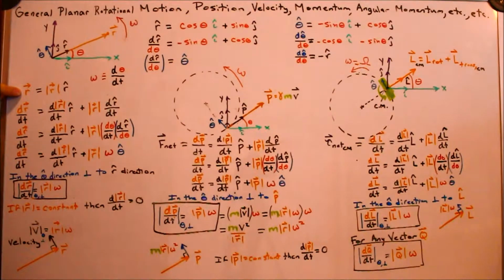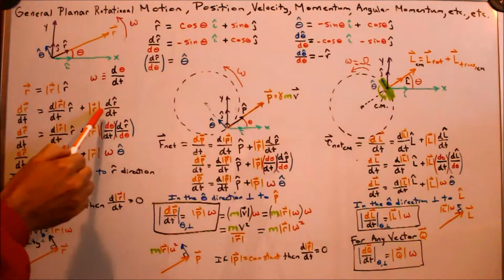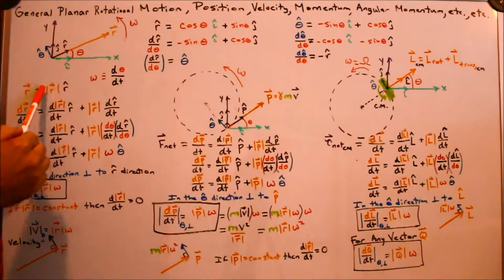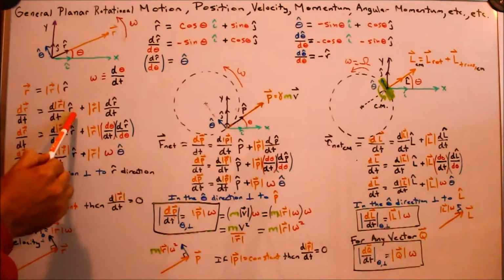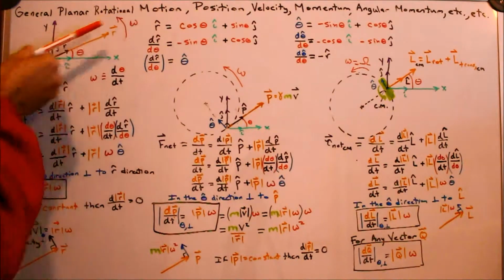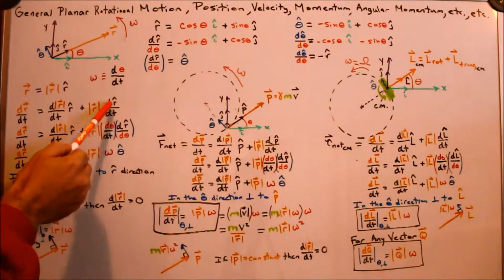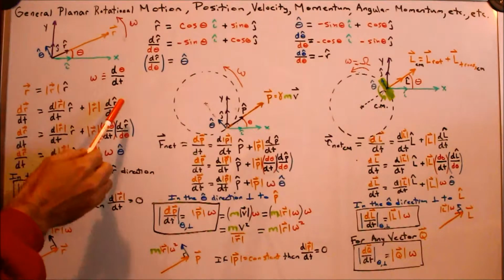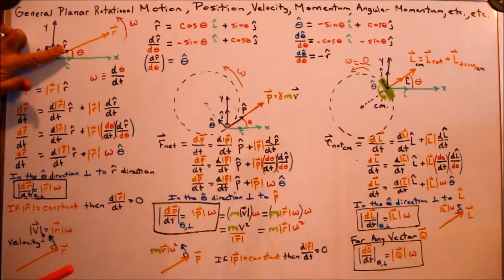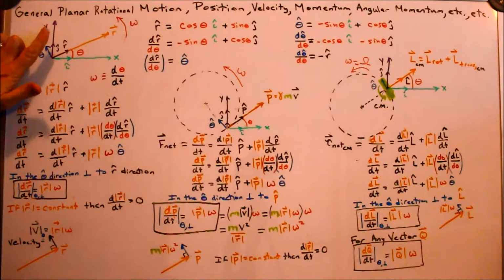If I take a derivative of this vector r with respect to time, using the product rule, the magnitude may change in that direction, so it can get longer or shorter, and the unit vector r hat could also be changing.